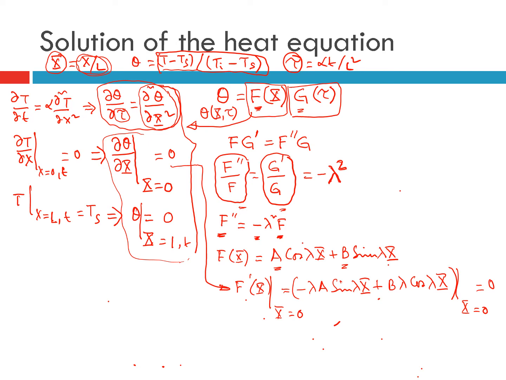So this gives us, because sine of 0 is 0, b lambda equal to 0, or this gives b equal to 0. So b is already 0.